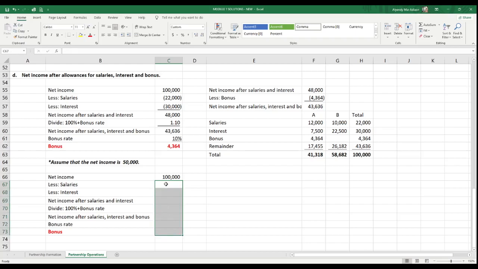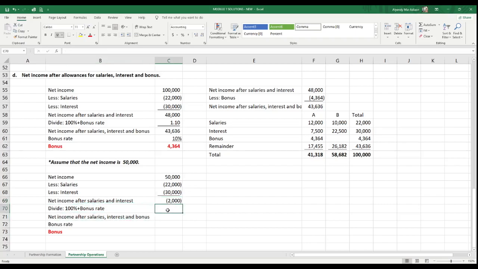The salaries are still the same, 22,000. The interest is still the same, 30,000. But as you can see, if you deduct 50,000 minus 22,000 minus 30,000, you will get a remainder, or net income after salaries and interest, of negative 2,000.